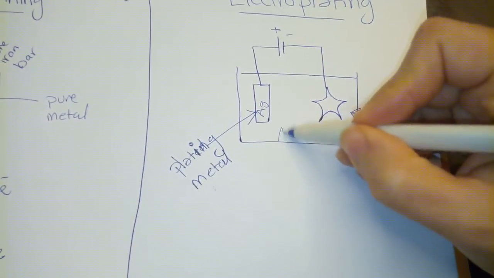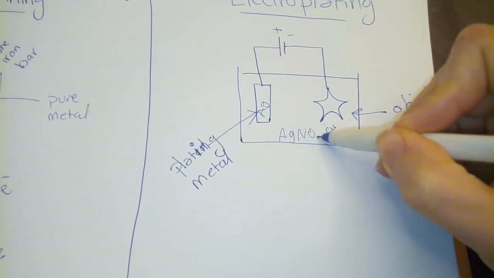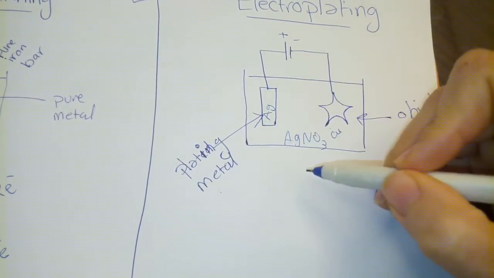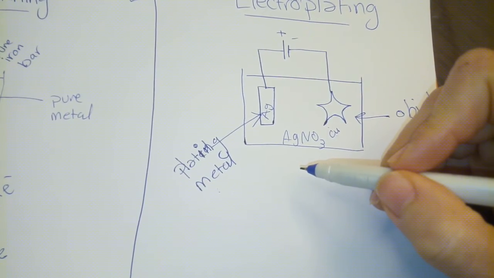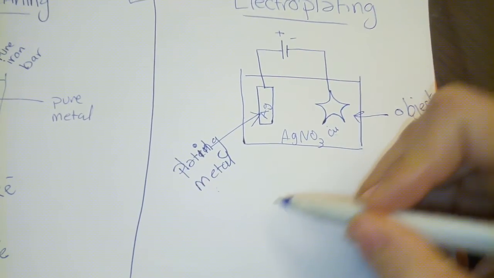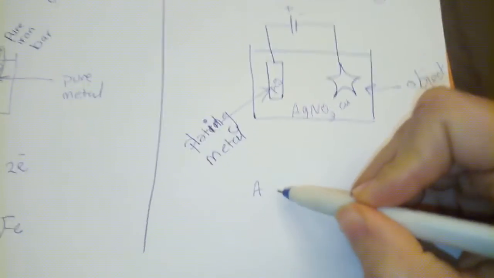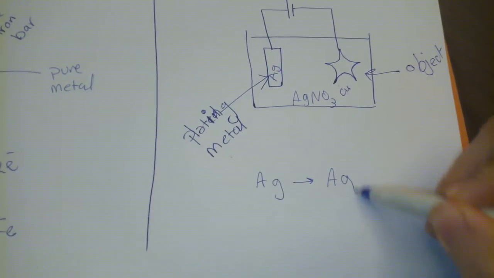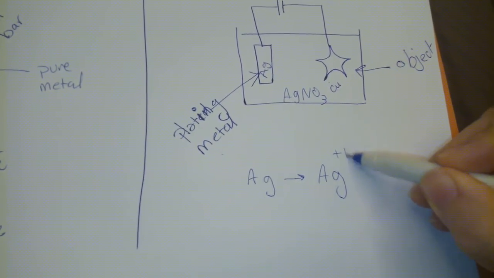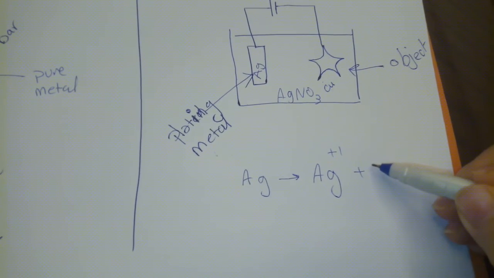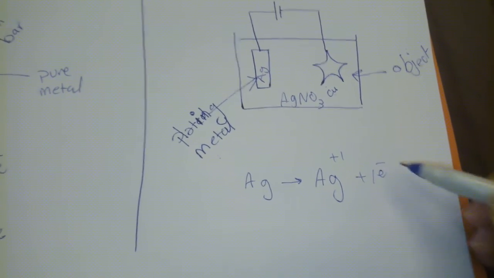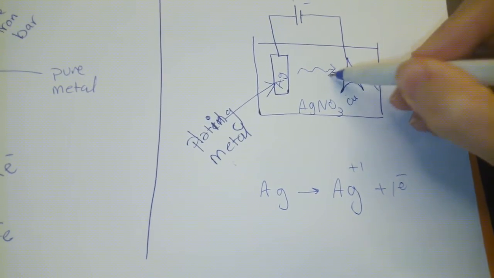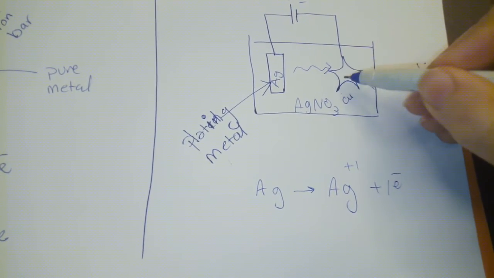Silver is going to start what? Start oxidation. Why? Because it's connected to the positive part. It means it's the anode. So I'm going to have oxidation on the anode until we produce what? Silver ions. Those silver ions will start swimming through the electrolyte until they reach what?